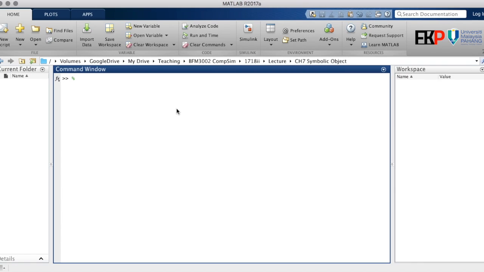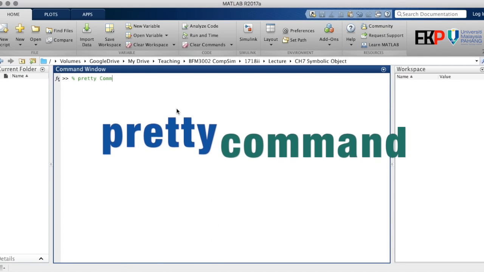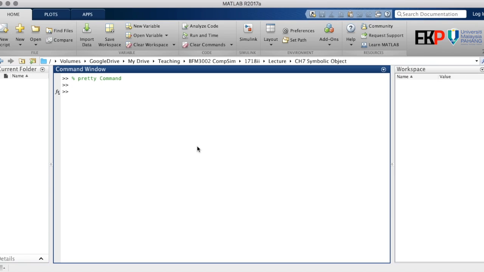There is another command that we can use that is known as the pretty command. Let's see what this command does. So let's define symbolic objects A, B, C, and X, for example. And we have our expression S equal to square root of A times X squared plus B times X plus C. So this is our symbolic expression.